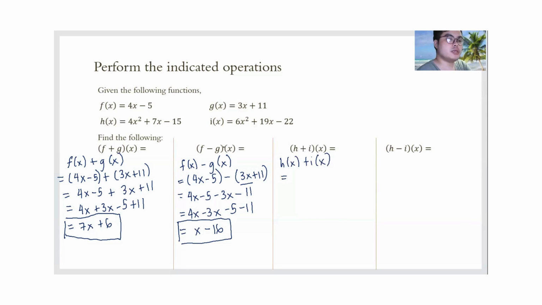We're going to use these functions, namely 4x squared plus 7x minus 15 plus 6x squared plus 19x minus 22. Since it is plus, all we have to do is retain the signs of each term.